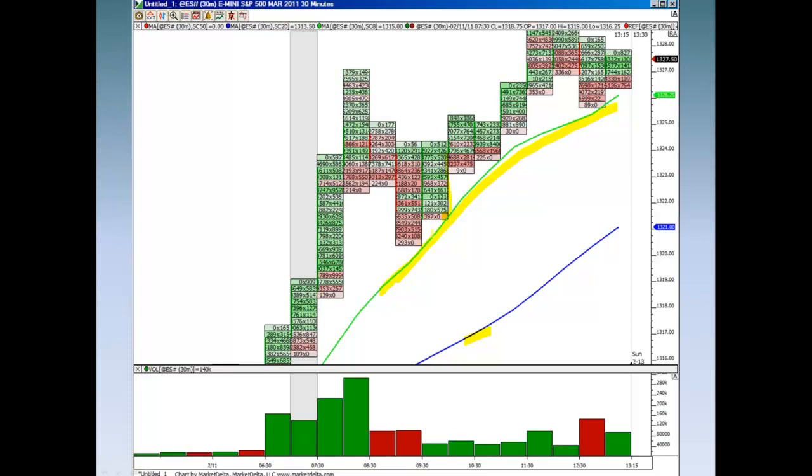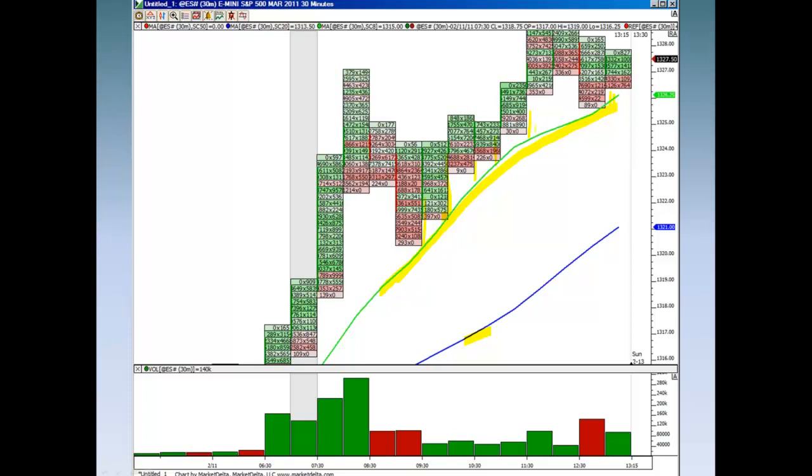It's probably because somebody programmed an algorithm: whenever prices drop down to the simple 8 moving average, buy. And sure enough, when it came down to here, they started buying. Same thing here, same thing here, same thing here, and so on. So it helps us to see the strength of the move. It also forms a level of support or resistance at times.